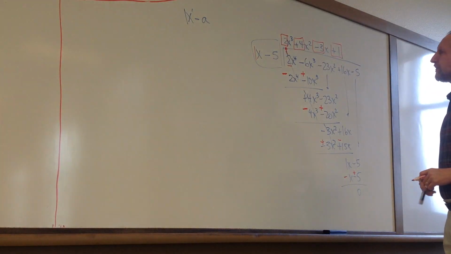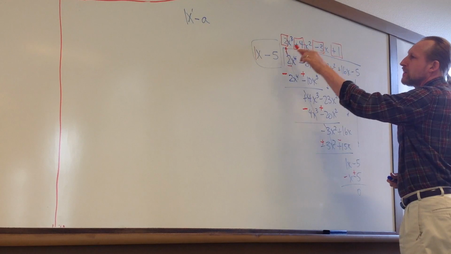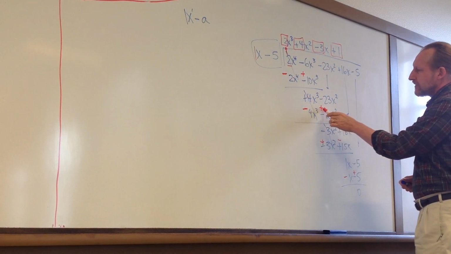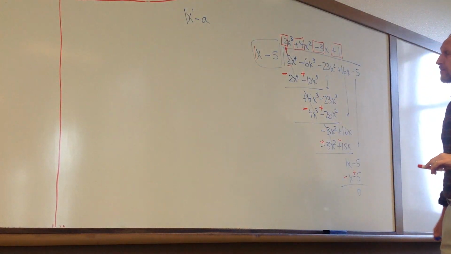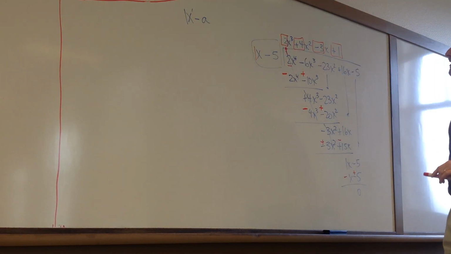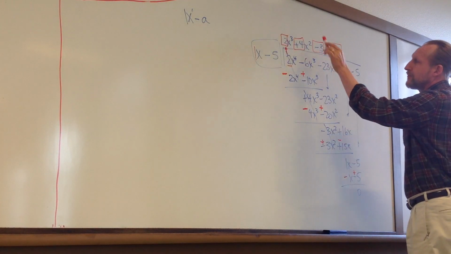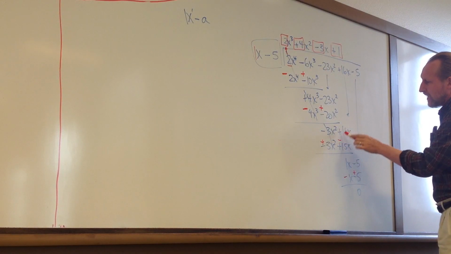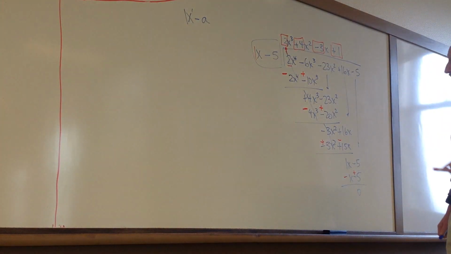Then where did the negative 3 come from? Well, we did 4 times negative 5, changed the sign, and then did positive 20 and negative 23, which makes negative 3. And then this last coefficient here, the positive 1, that came from doing negative 3 times negative 5 makes 15, change the sign, positive 16 and negative 15 makes positive 1.